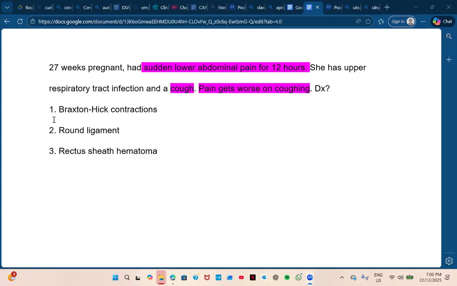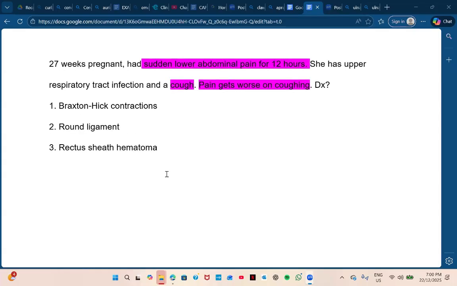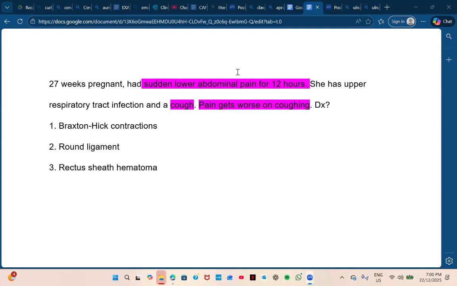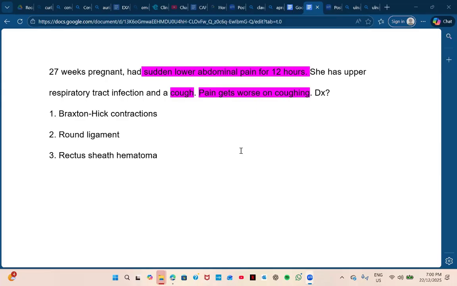And our patient is having a respiratory tract infection and cough, right? The patient is persistently coughing and the pain gets worse on coughing. And why don't you think about rectus sheath hematoma? Because the stem is more towards rectus sheath hematoma, right? What do you think? I know these questions are tricky. Let's discuss one by one.